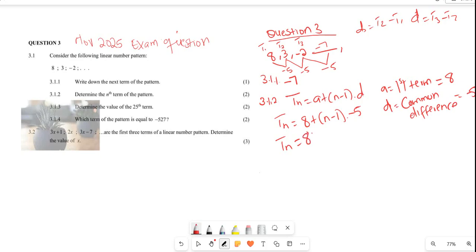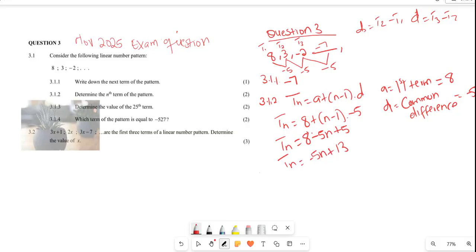So -5 times n is going to give me -5n. -5 times -1 is going to give me positive 5. Tn is -5n plus 13.